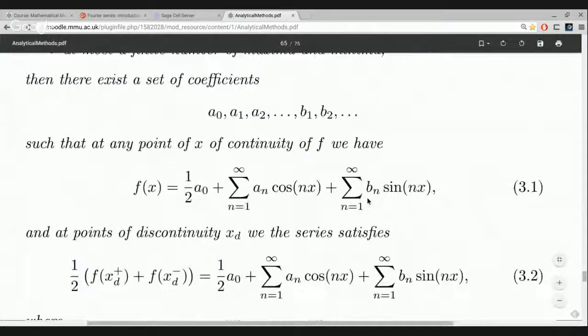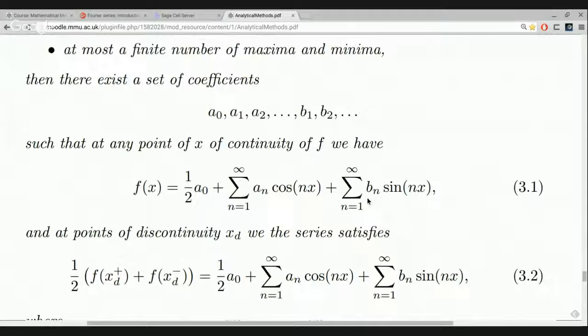If the function is well behaved, in the sense of those conditions above, periodic, finite number of discontinuities and maximums and minimums, then there will exist all these coefficients which will allow you to say that the function is exactly this infinite linear combination of the constant function and the sines and cosines. Well, at least at points of continuity of f.